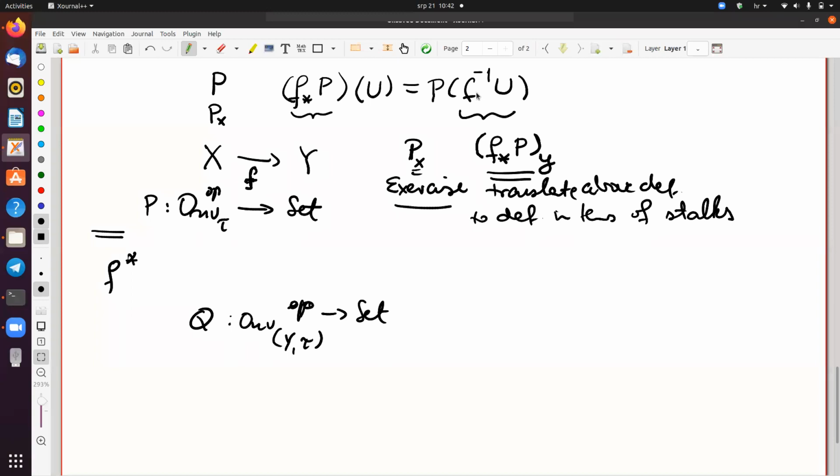Because of course, for a topological space, if U is open, then F minus 1 of U is again open. But if V is open in X, then F of V is not open.